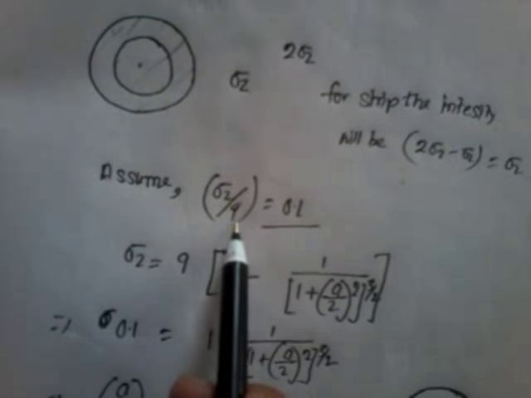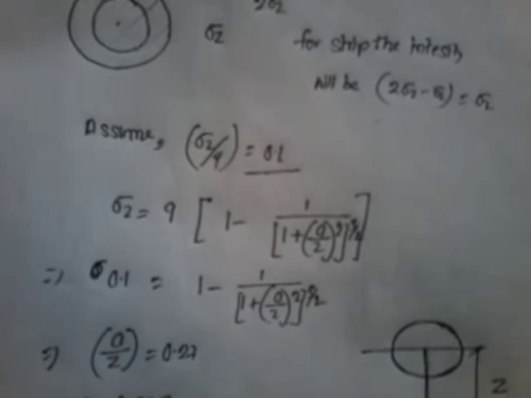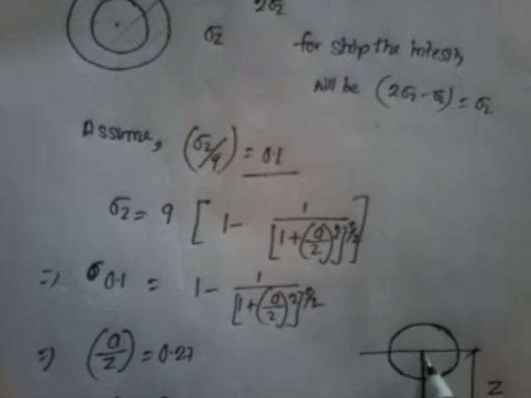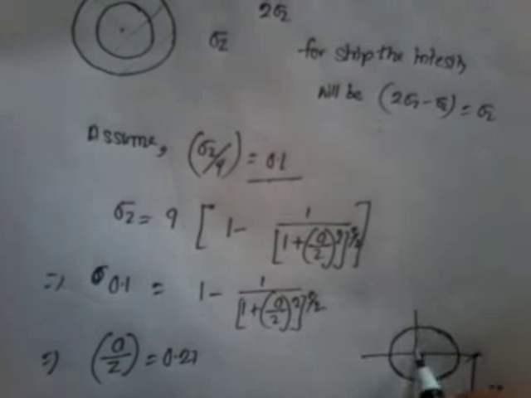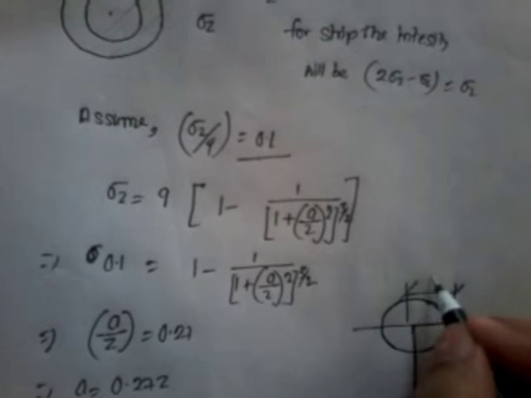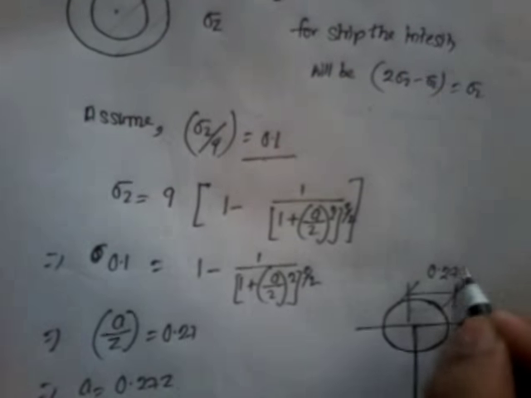If sigma z by q equals 0.1, then the value of the radius will be 0.27 times z. It is a simple answer.